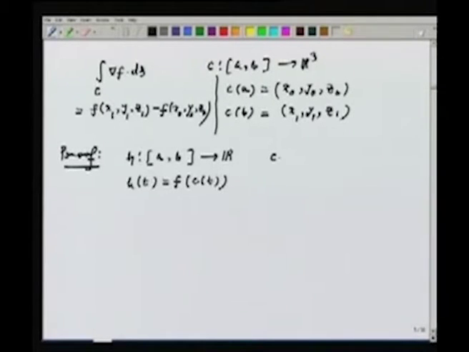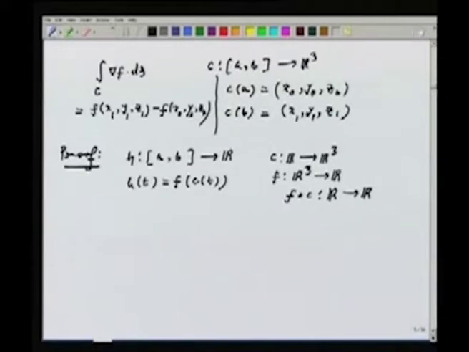Notice that c, being a curve, is a map from R to R^3. f, being a scalar field, is a map from R^3 to R. So as a result, f composed with c is a map from R to R. h is essentially f composed with c, it is only the domain of c imposed there, that is why it is a map from [a,b] to R.